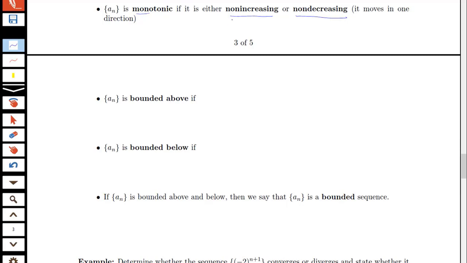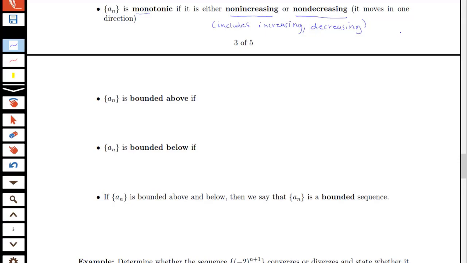When we say either non-increasing or non-decreasing, this includes the cases of increasing and decreasing. So it just has to either be moving in an upward direction, maybe staying constant, or moving in a downward direction, possibly staying constant. Those will all be cases of monotonic sequences.